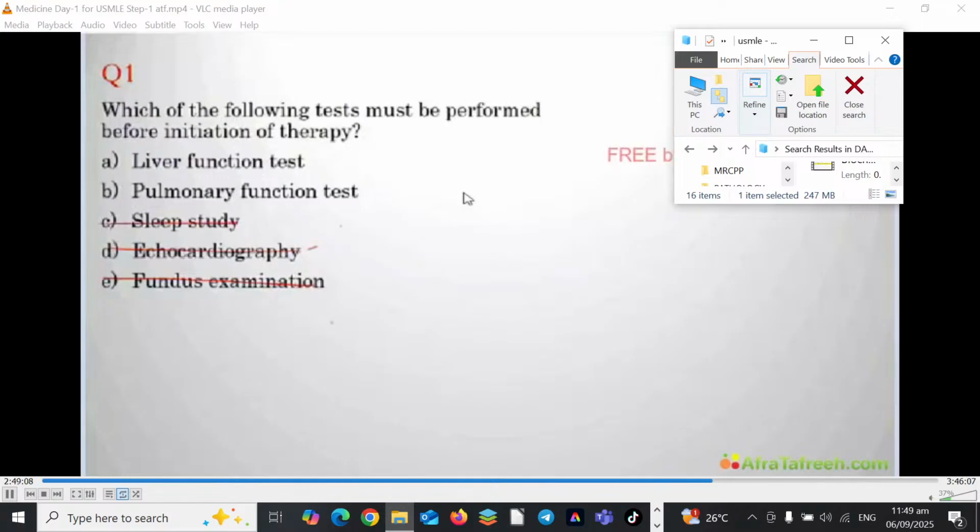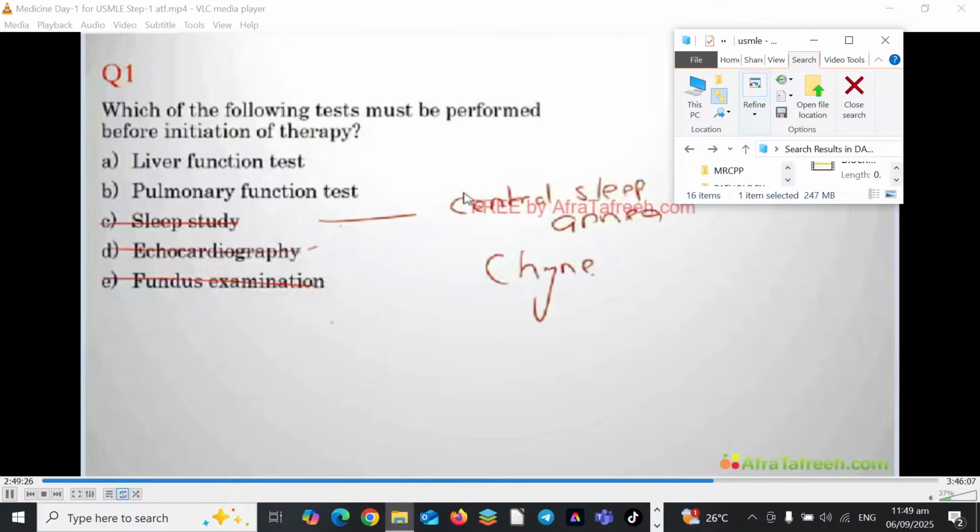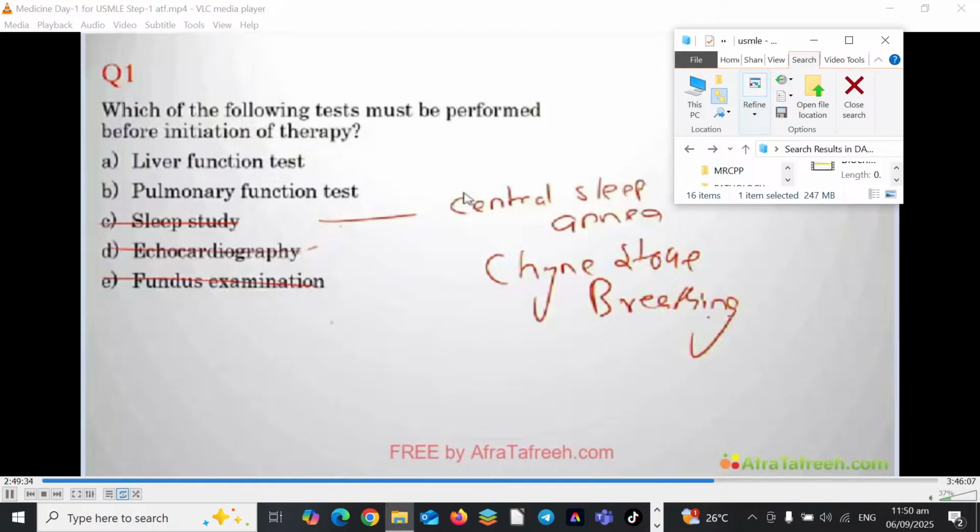Now you are left with only two options. Chronic heart failure is associated with central sleep apnea and Cheyne-Stokes breathing. Physiology 101.